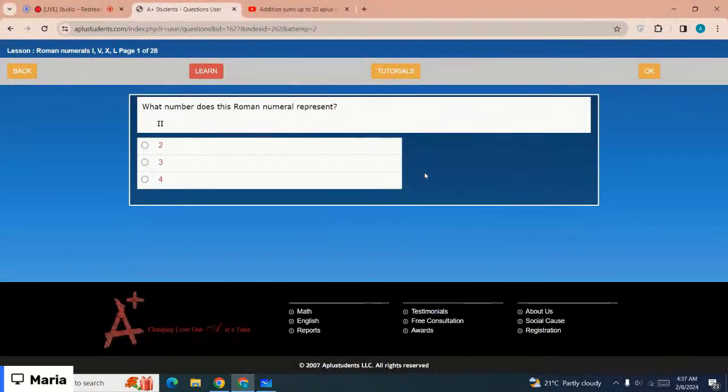Okay, what does this Roman numeral represent? Which number is it? 2, 3, 4.